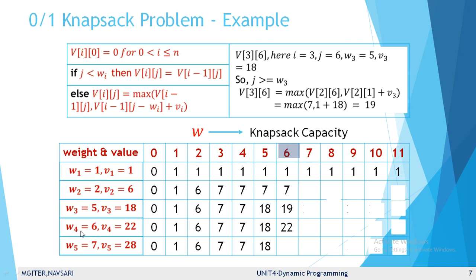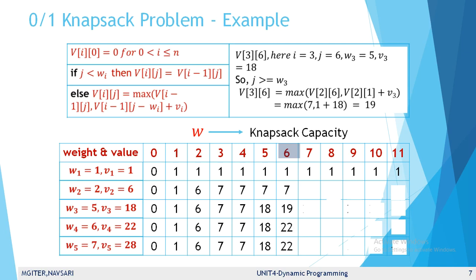And here we include only one item, item number 4, whose weight is 6 and price is 22. We cannot include here two items with the weight of 5 and 1, 5 plus 1 is 6 also, but the profit is only 1 and 18, 19. So we include the item which gives the highest profit. So we include here item number 4 and profit is 22.